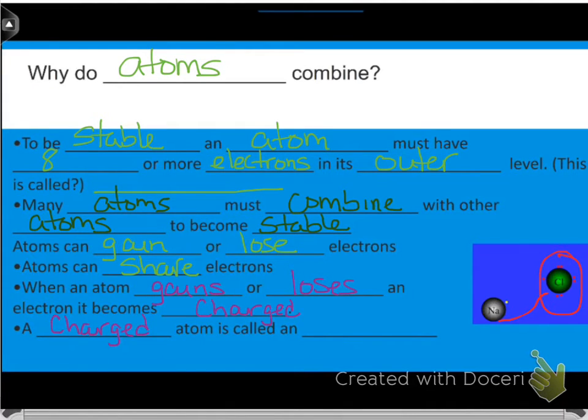Oh, it looks like I forgot to put the word ion in there. So a charged atom is called an ion, and the picture to the right is showing you how they combined and how they share that valence electron to make their compound.